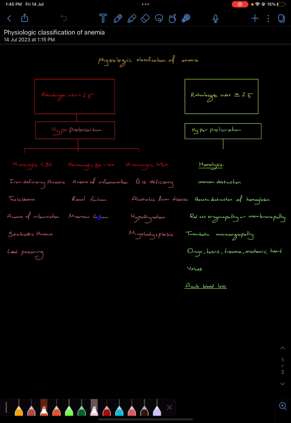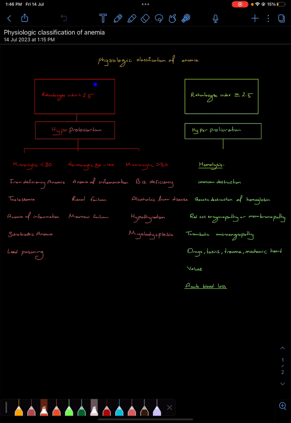It means chronic diseases are accompanied by normal size. And macrocytic, MCV more than 100, we have B12 deficiency, alcoholic liver disease, hypothyroidism, and myelodysplasia. All of these are considered macrocytic, and they are hypoproliferative.